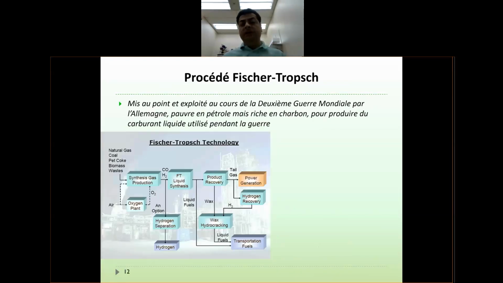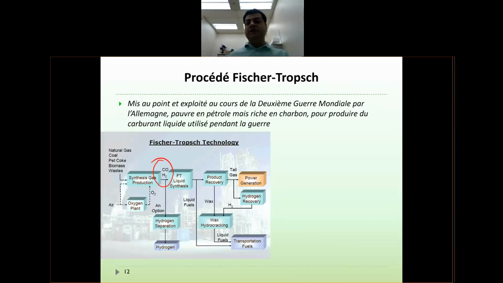Another example is Fischer-Tropsch. I think you remember last time that we said Fischer-Tropsch is the process where syngas, carbon monoxide, and hydrogen are used to make synthetic fuels.